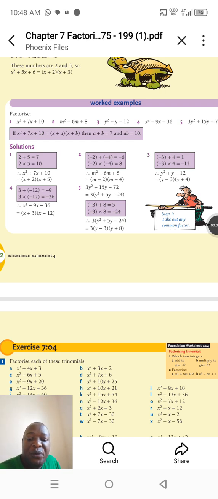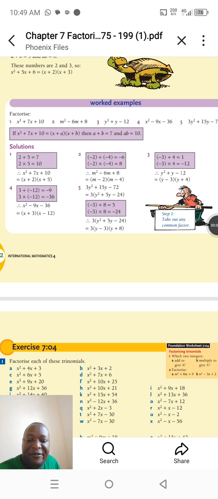So two numbers whose product is 8 and whose sum is negative 6. Those two numbers, when you try to identify them, you'll find that they are negative 2 and negative 4. So negative 2 plus negative 4 gives us negative 6, that is the sum. And negative 2 times negative 4 gives us 8, which is the product.